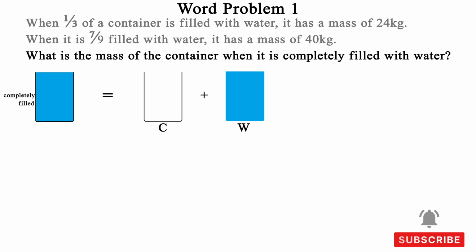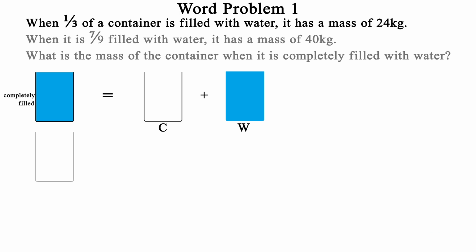Now let's start with the first part of the question. Our whole focus will be only on the first sentence, which is: when 1/3 of a container is filled with water, it has a mass of 24 kilogram. How does it look like? Let's try to visualize. There is a container and 1/3 of that container is filled with water.